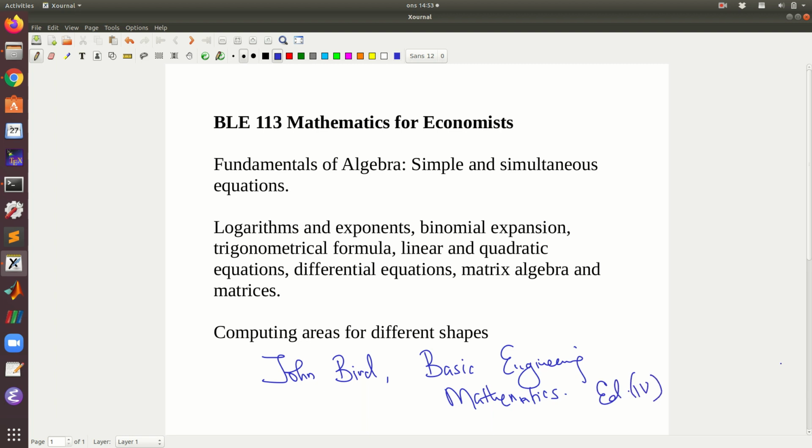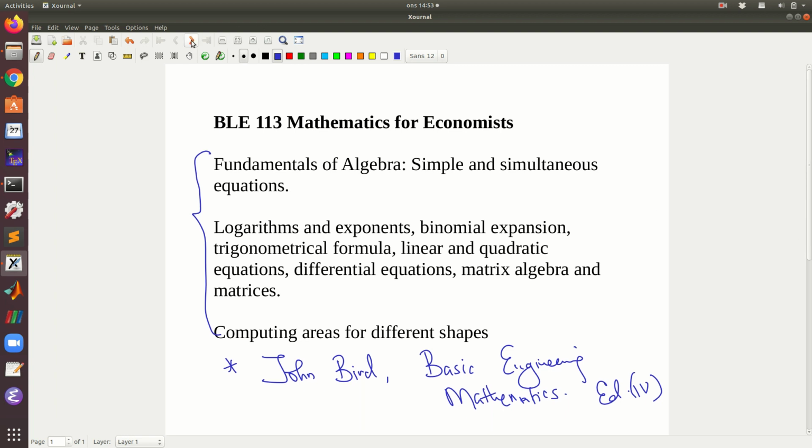The book is quite simple to use, written in simple language, and yet it is very useful. It contains most of the things we are going to deal with here, except a few. Those which are not there, I'll let you know which other resource book you can use.